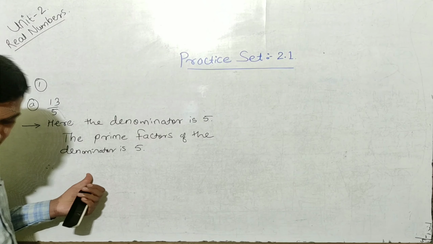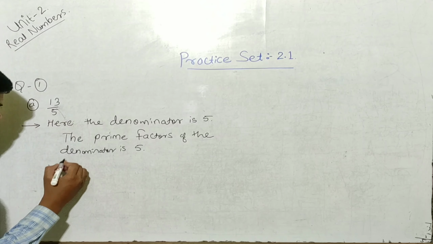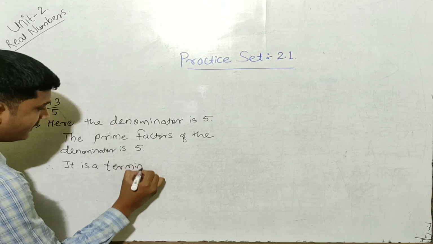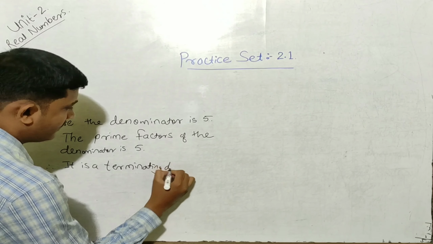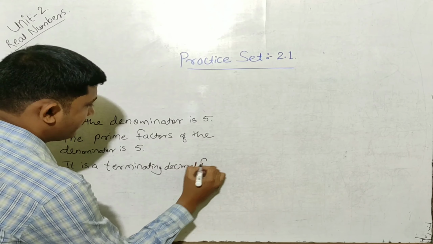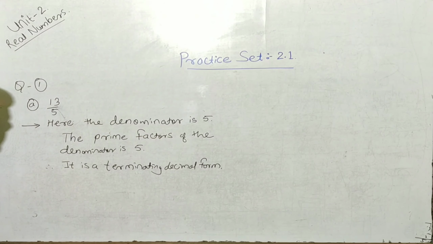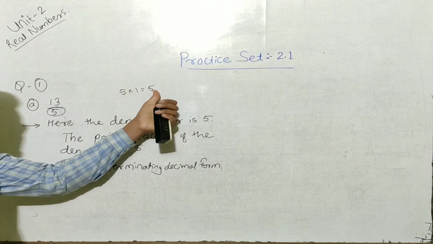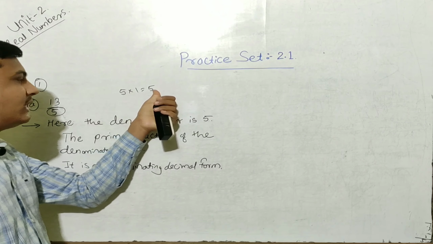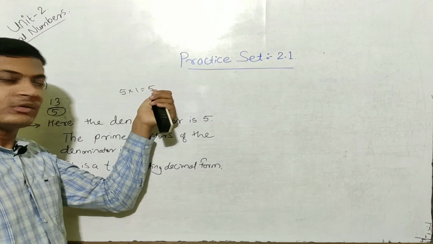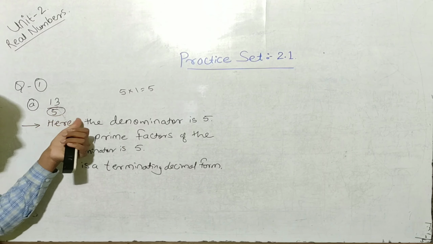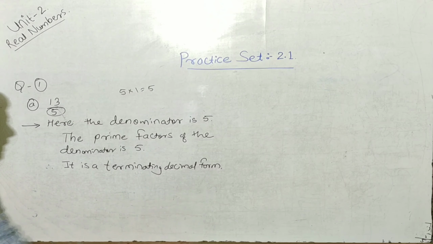Therefore it is a terminating decimal form. Here the denominator is 5. So 5 can be written as 5 into 1. So here 5 is a prime number. As per the given condition, 2's and 5 should be the prime factors only. So 5 is a prime number and also the prime factor. Therefore it is a terminating decimal form.